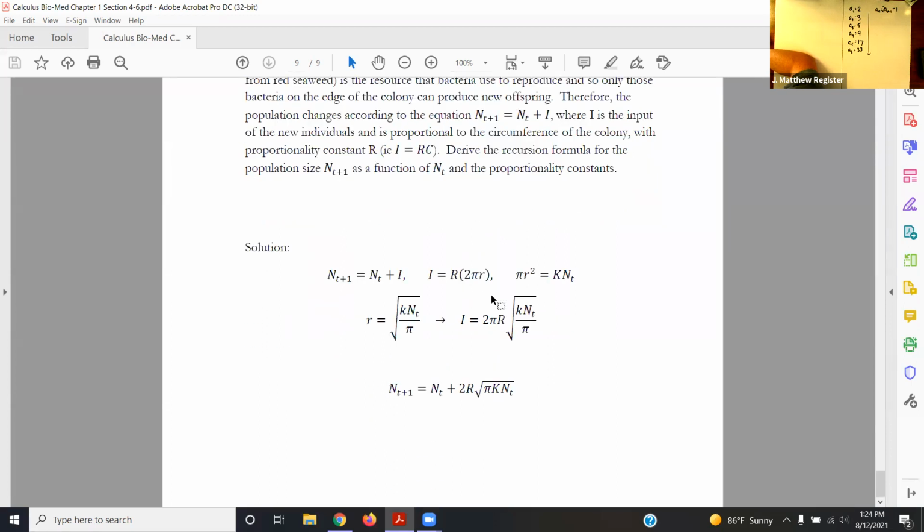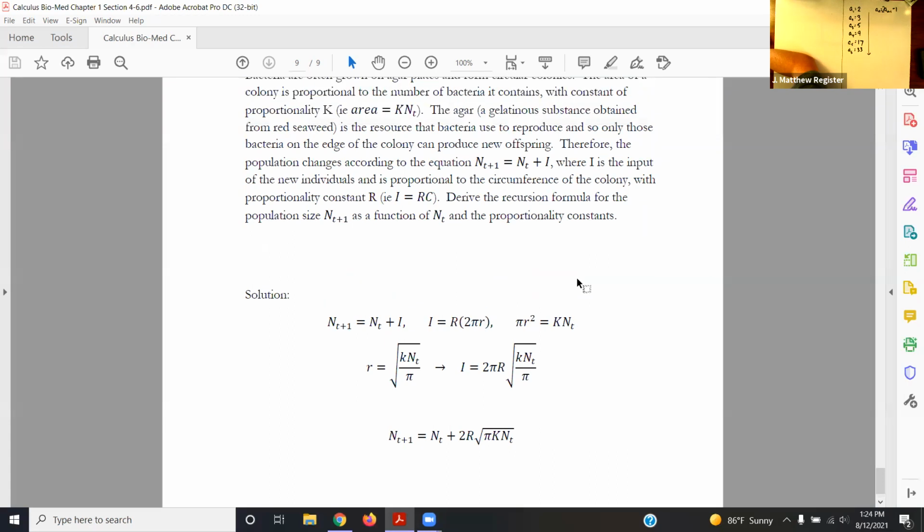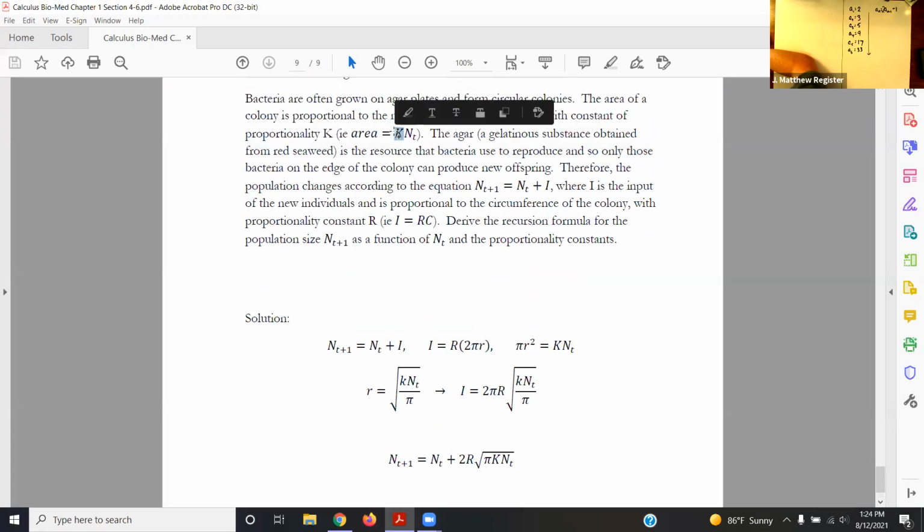And if you want, I've got it worked out here. This one actually came straight from your textbook though, and so you might want to go and look it up in your textbook to figure out how all of this came to be. Basically, n sub t plus 1 is equal to n sub t plus I, we know that I is equal to R times 2 pi R, where R is that proportionality constant, not the radius, sorry about that. And then pi R squared is equal to K times n sub t, where K was given up here as the proportionality constant.